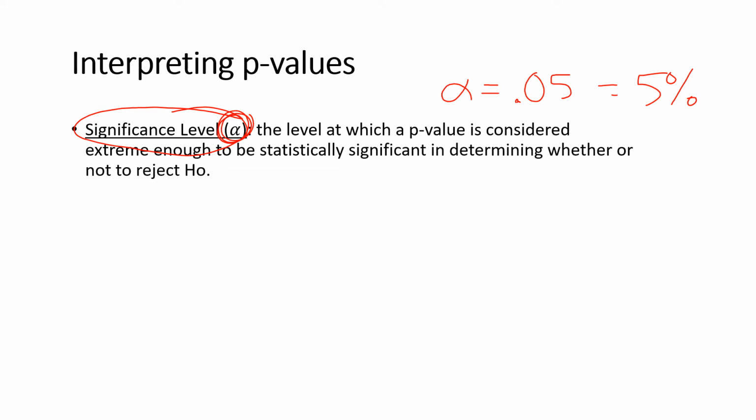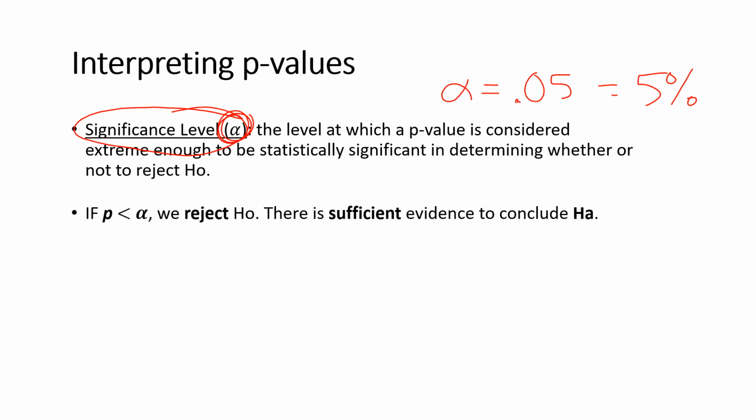There's no reason to reject the null hypothesis. So when P is low, you reject the H0, and you say that you have enough evidence to conclude the alternative. Kind of like a court case, if you have enough evidence, you're going to reject them being innocent and conclude that they are guilty.